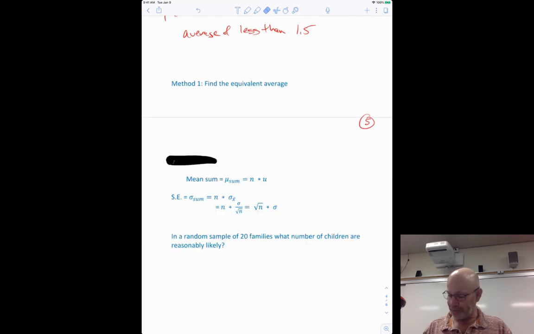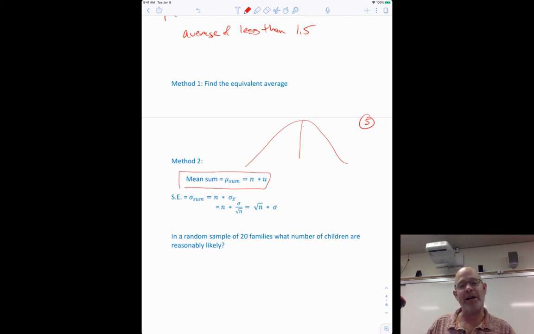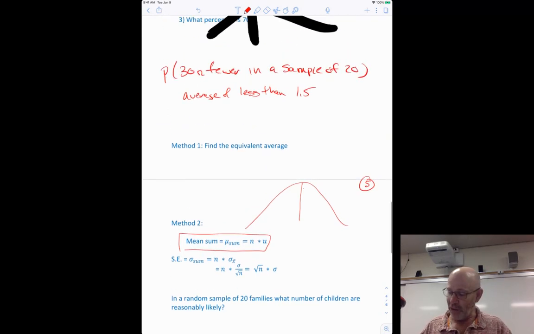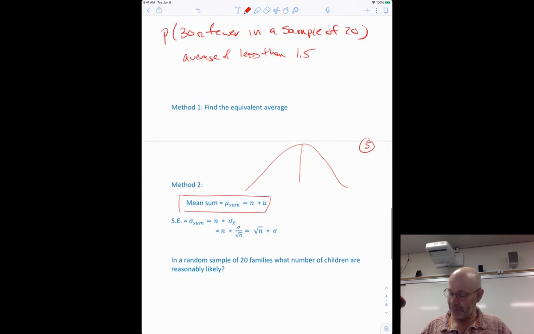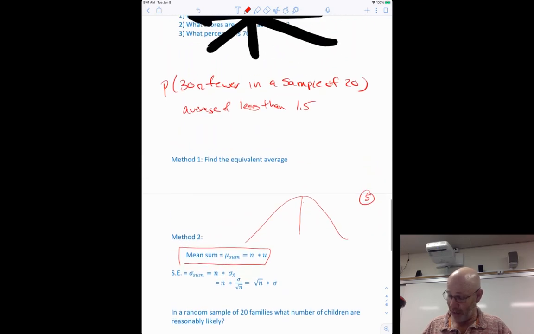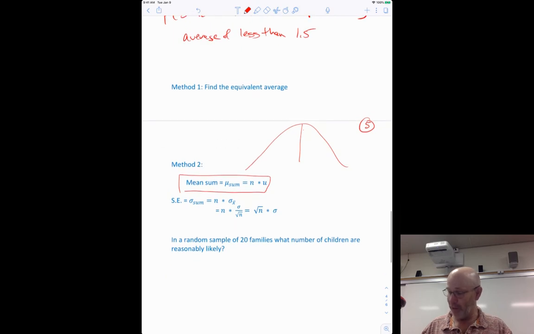It's kind of cool. So it turns out that if you do totals, you get a distribution, but the new mean is going to be the old mean times your sample size, right? Because that's how you find average, is we divided by that sample size to get average. I did 30 divided by 20, so I'm just going to undo that. So the question was, the old mean was, now I forgot what the old mean was.